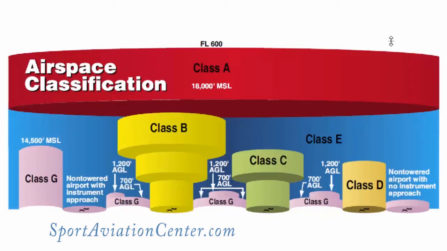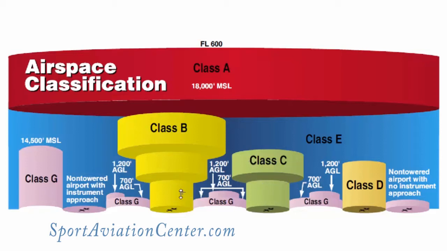Okay, so here we have our typical towered airspace diagram. And if we notice here, we've got our class Delta, which is usually one level cylinder. Then we have our class C for your larger airports, which has your lower level plus a larger upper level.